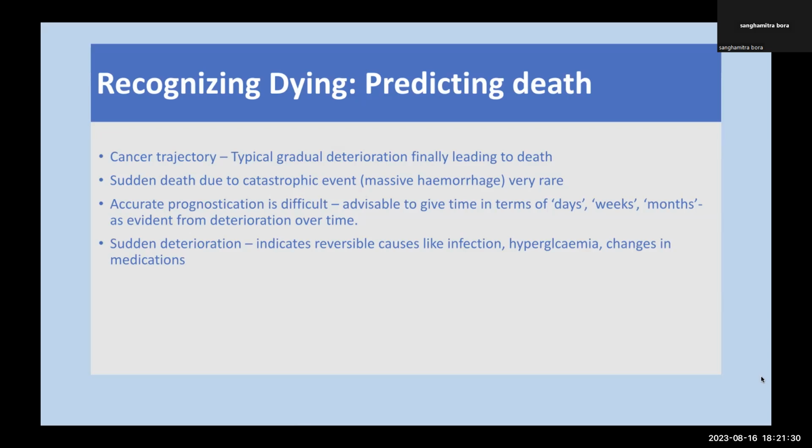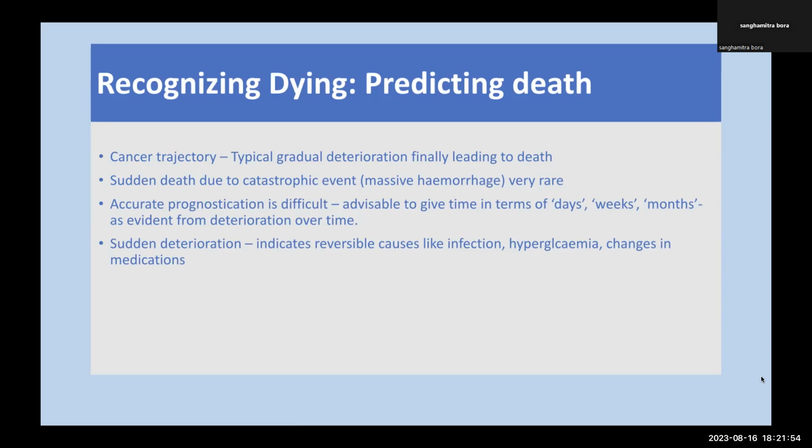Sudden death due to a catastrophic event like a massive hemorrhage is very rare in cancer. And the acute prognostication is quite difficult. So it is advisable to give time in terms of days, weeks, months, as evident from deterioration over time.